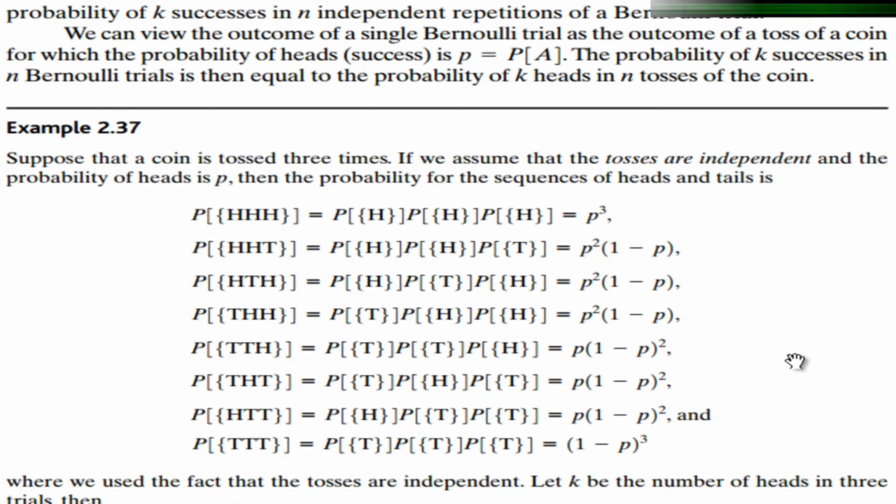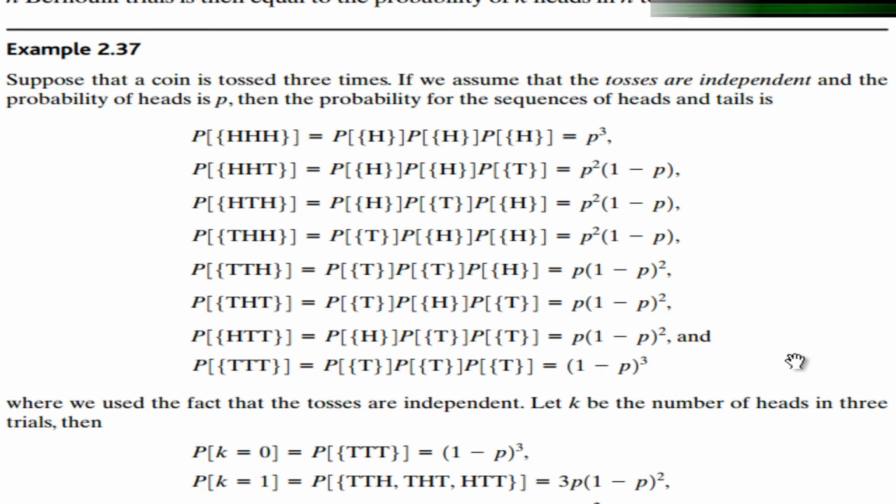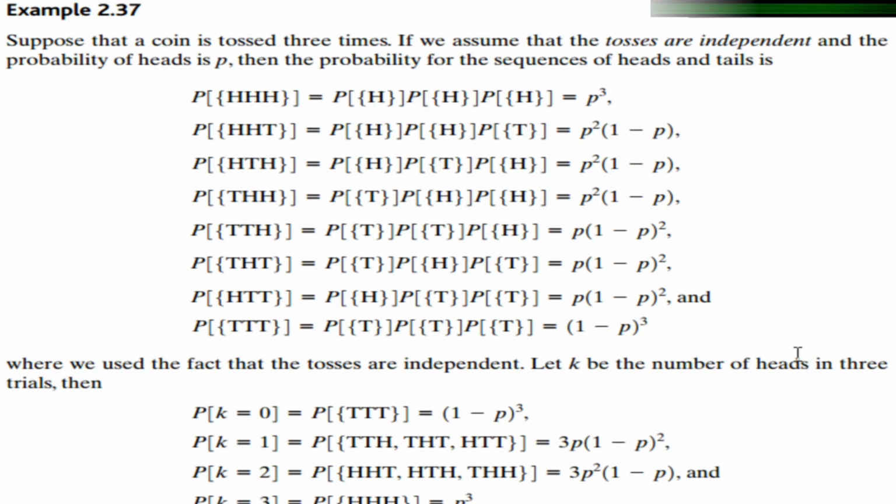Example 2.37 tells us that suppose a coin is tossed 3 times. We assume that the tosses are independent and the probability of heads is P. These are the probabilities of heads and tails. If heads is the success, then heads, heads, heads is P multiplied by P multiplied by P, which equals P cube.